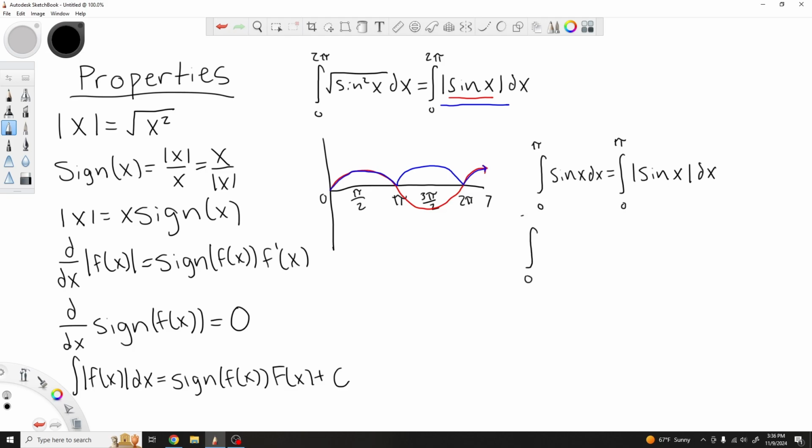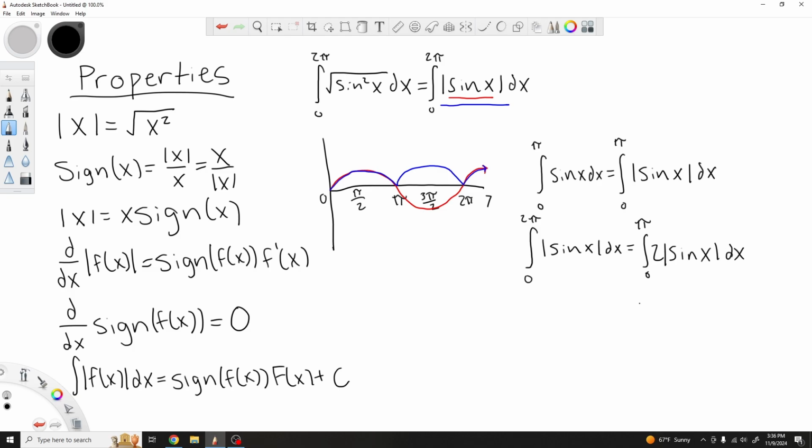integral from 0 to 2 pi of our absolute value of sine of x dx is just equal to 2 of these first periods. So it's equal to 2 times the integral from 0 to pi of the absolute value of sine of x dx.